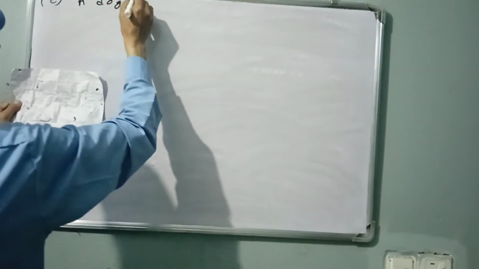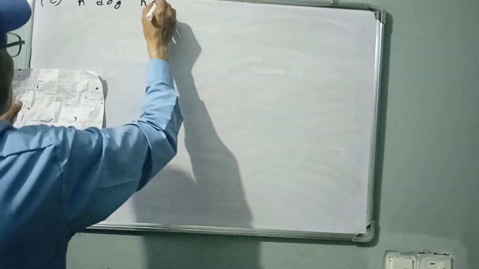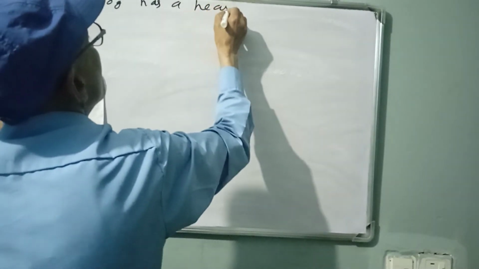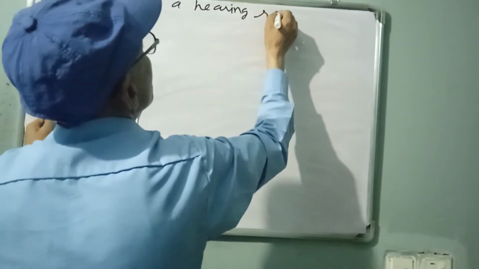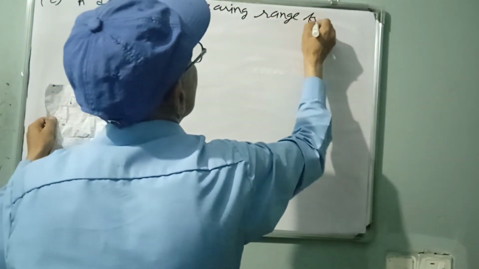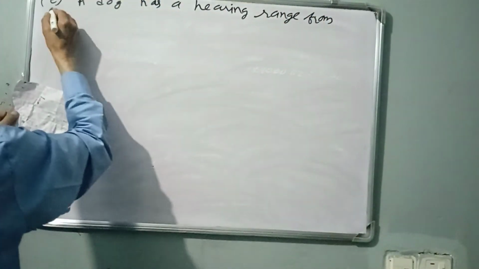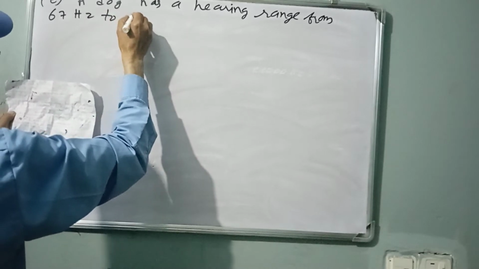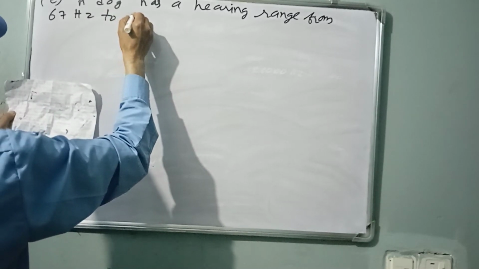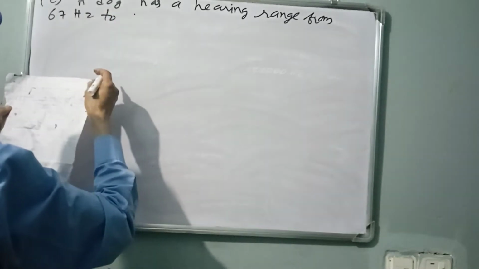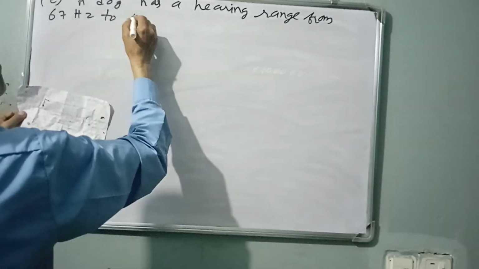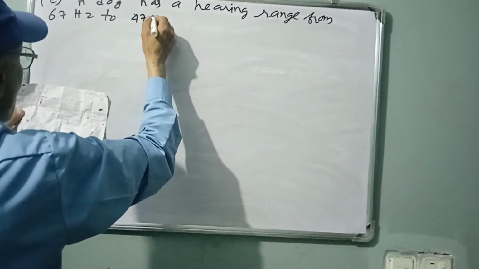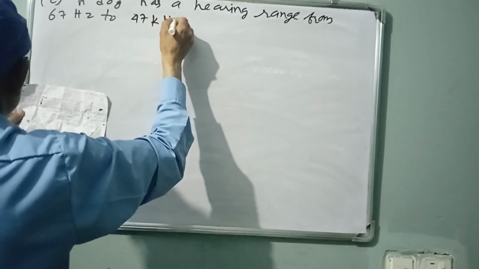A dog has a hearing range from 67 Hz to 47 kilohertz.